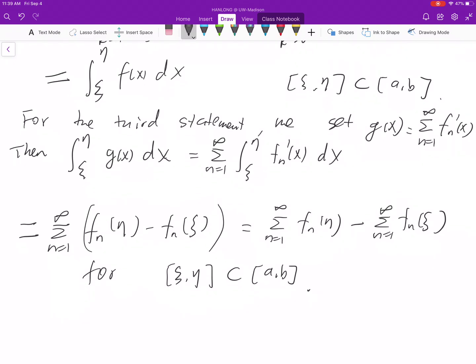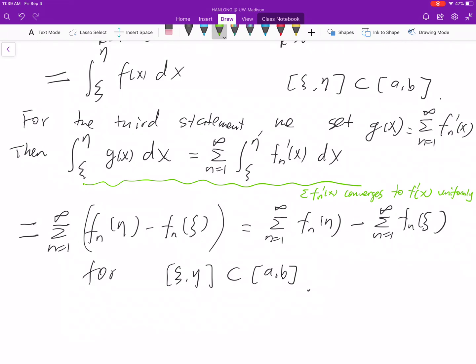Okay, now let's make some remarks here. To use the statement we proved before, we require that the summation of fn prime(x) converges to f prime(x) uniformly.